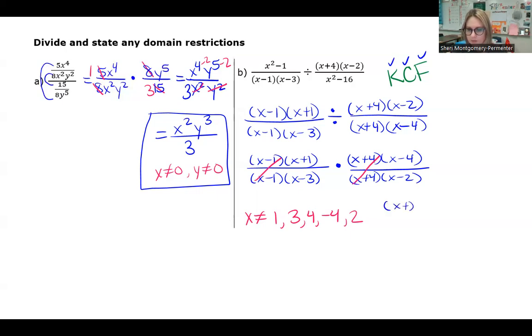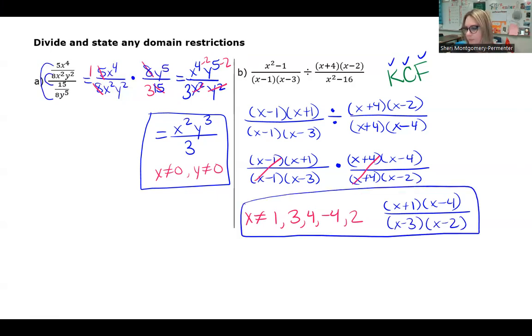X plus 1, not that. And that is my answer. This is fun math, right?